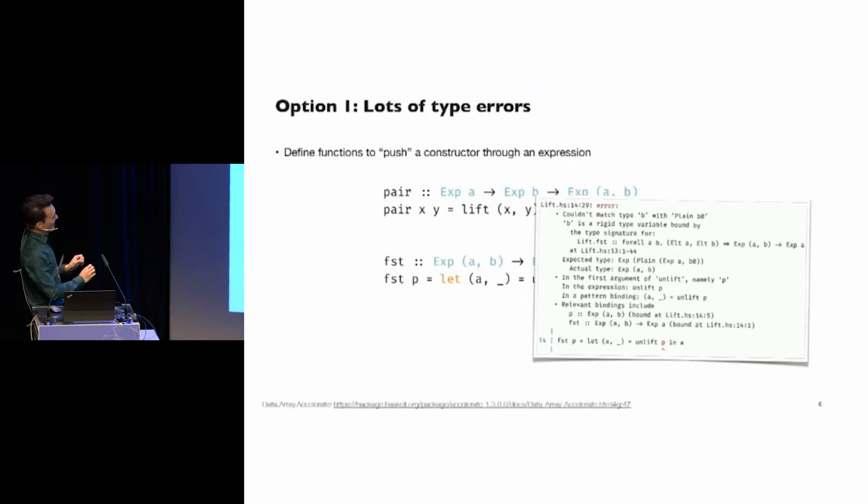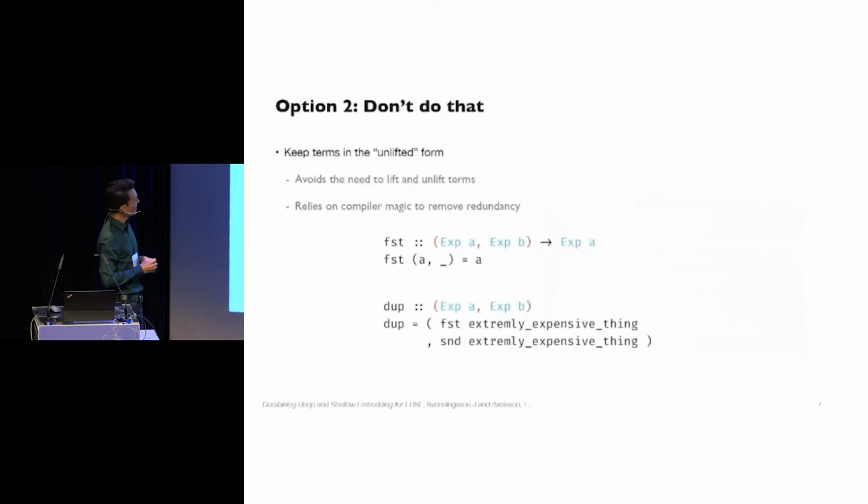So, you know, one option is this, right? A second option is, you know, just don't do that, right? If that's problematic, let's just avoid that problem. So instead of trying to have expressions of pairs, how about we just leave everything in unlifted form, right? Always have pairs of expressions floating around.